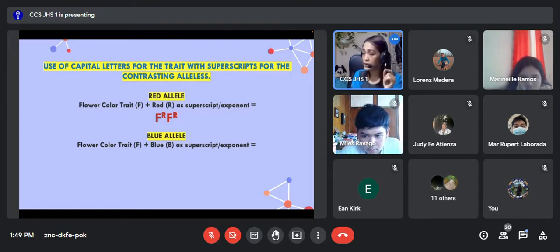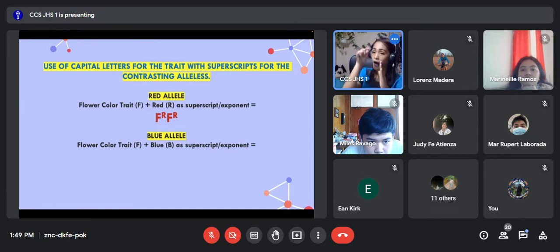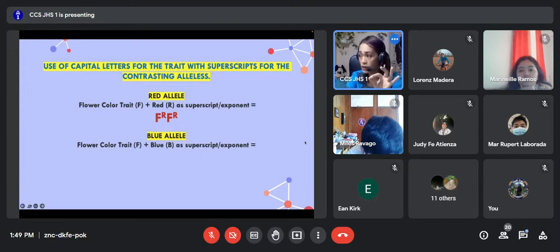Remember, F is the trait because it's about flower color. Since this is a homozygous red, of course, FR, and remember, they must be written as a pair. The FR there is one, and this one here, FR, is another. So you have two combinations. So it's a homozygous red.